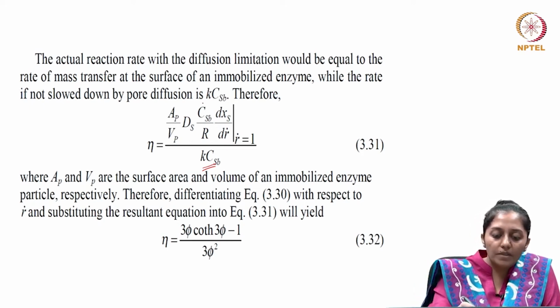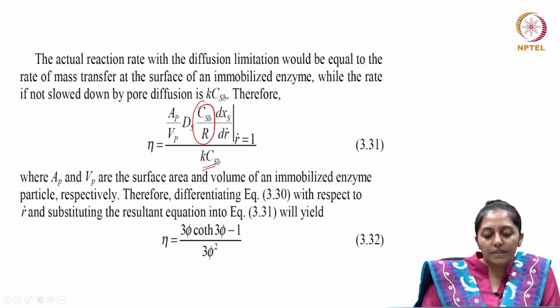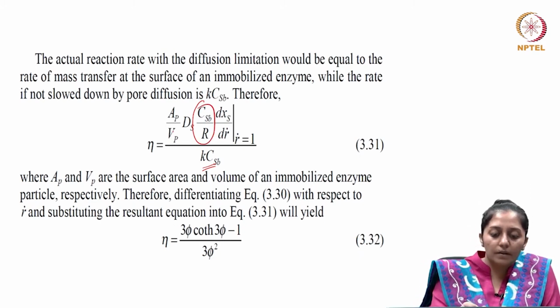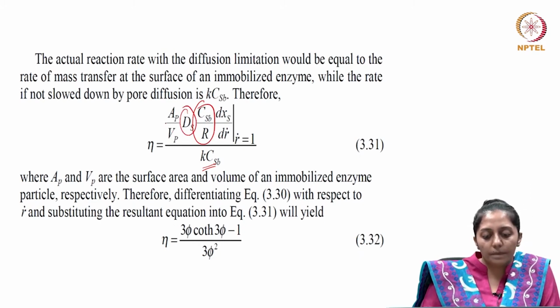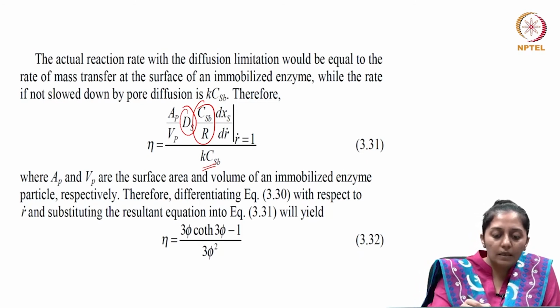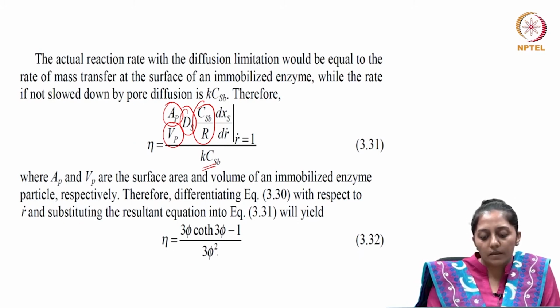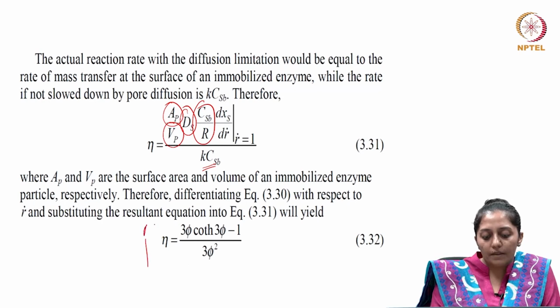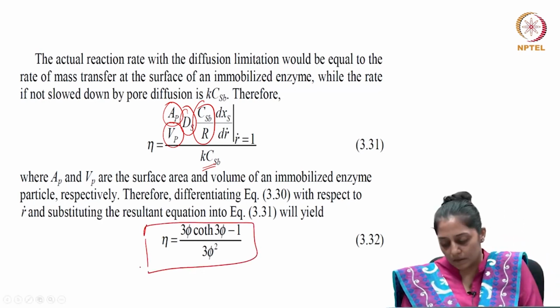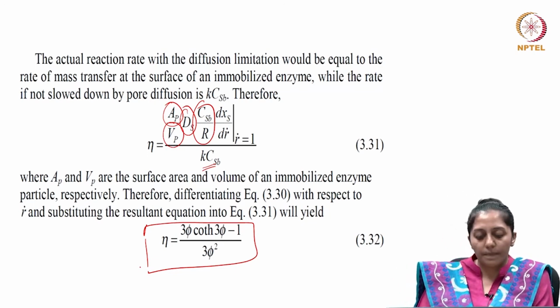Then outside we will have Cs_b and R, the diffusivity constant, the area of the particle and the volume of the particle. So, this would be your reaction rate. If we solve this, the expression for the efficiency factor comes in the form of Thiele modulus.